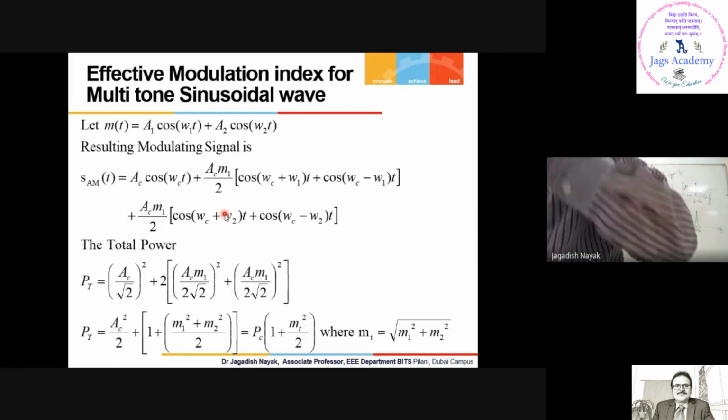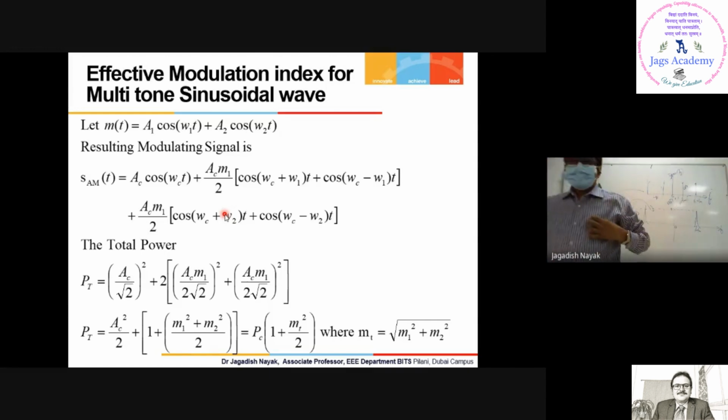Now, for example, in the earlier case for deducing all the equations, we considered m of t is equal to only Am cos omega mt. Yes or no? Let us consider a message signal having multiple frequencies.